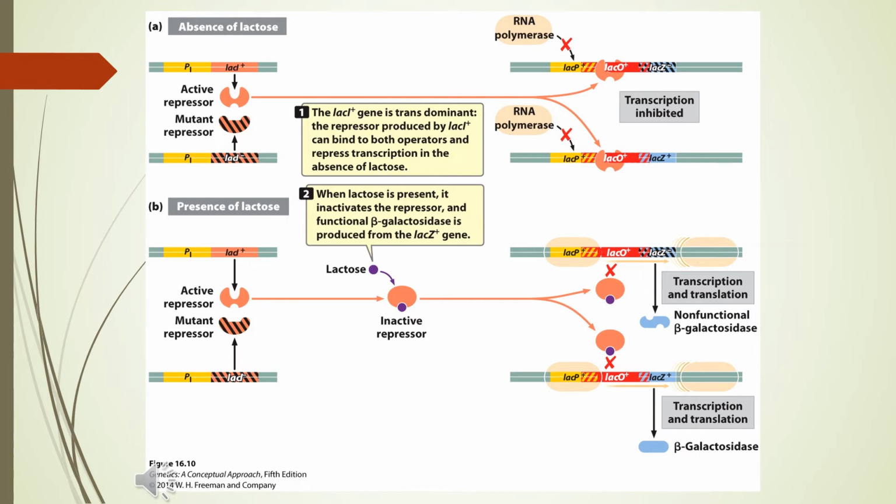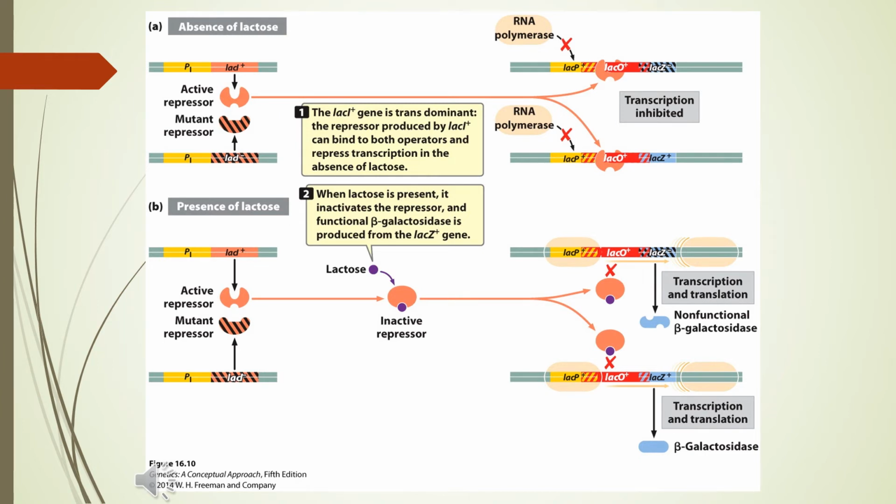On the upper side lac Z is mutated, but on the lower side lac Z is fully functional. So what will be the product? From the regulator, an active repressor will be produced. It can act on both operator regions and prevent transcription. So no gene product will be produced in this case.